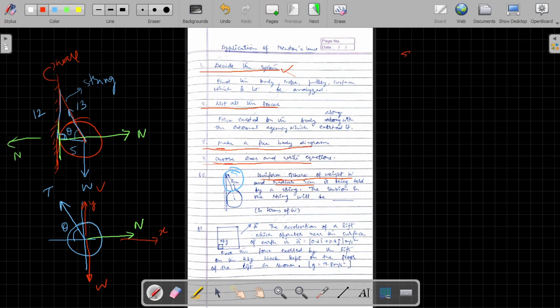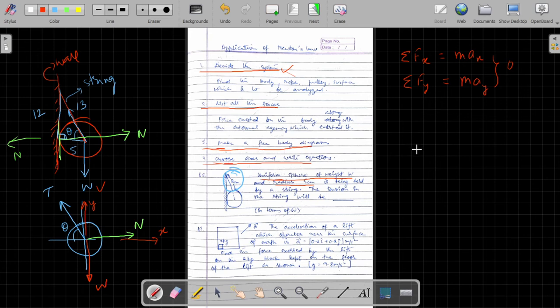So the sum of forces in x-axis should be equal to mass times acceleration in x-axis, and similarly the sum of forces in y-axis should be equal to mass times acceleration in y-axis. Since both these accelerations are zero as the body is in equilibrium, by equilibrium we mean that the net force acting on the particular body which we have selected is zero. That is what we mean by equilibrium.